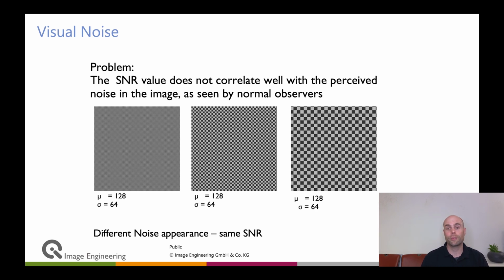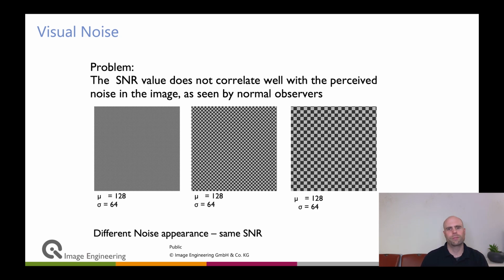They all three have the same mean value and the same variance or standard deviation. But of course, on the right you can actually see the pattern, while on the left you can hardly see it. Why is that? Because the spatial distribution is different. The pattern is bigger, and therefore you can see it more easily.